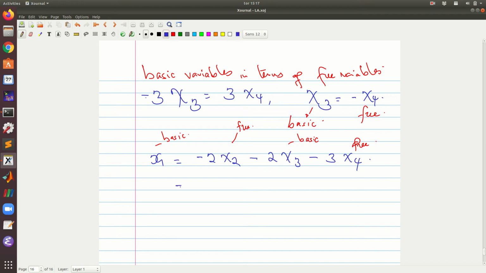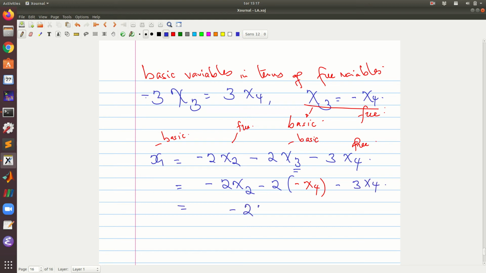Therefore we are going to write it as -2x2 minus 2 times x3. What is x3? x3, remember, in terms of the free variables, is -x4 here. Then we have minus 3x4. So what do we have?